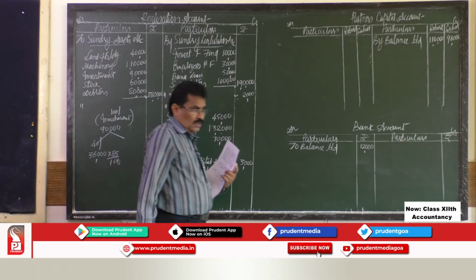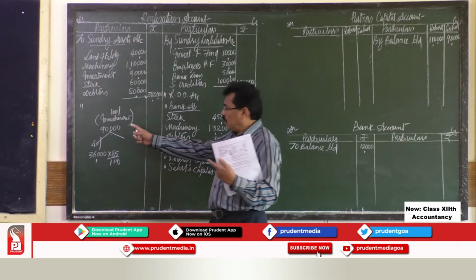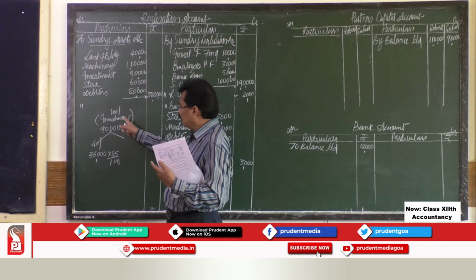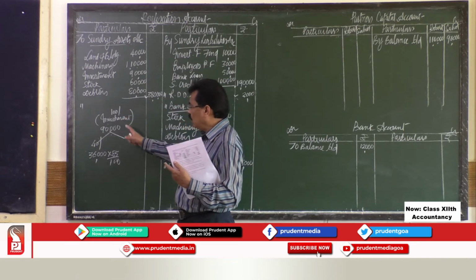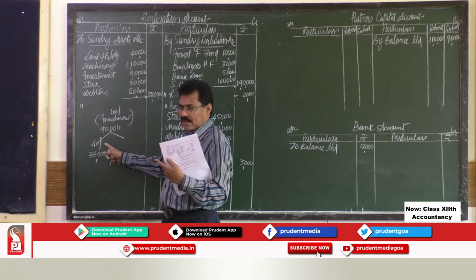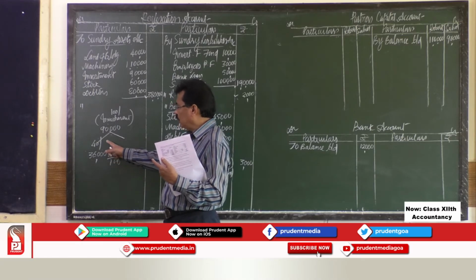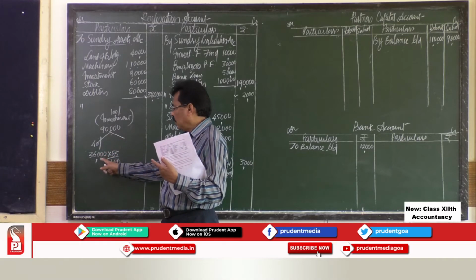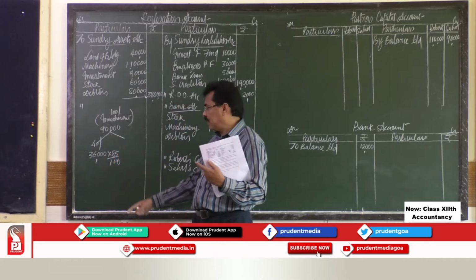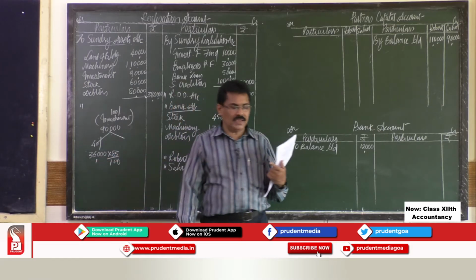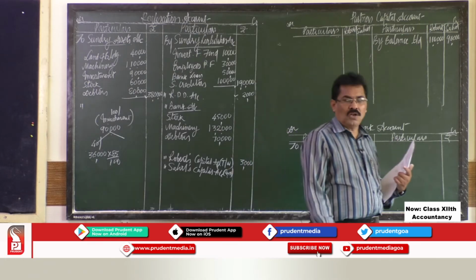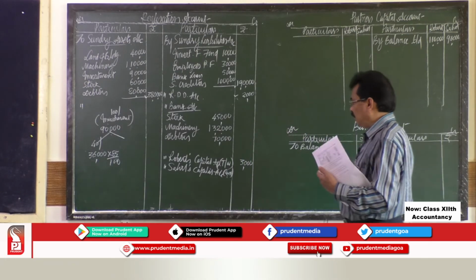Out of the total investment of 90,000, one partner, that is Sahil, took 40% at a discount of 15%. So 15% means we got only 85% of that amount.